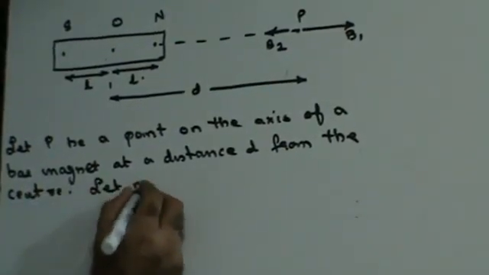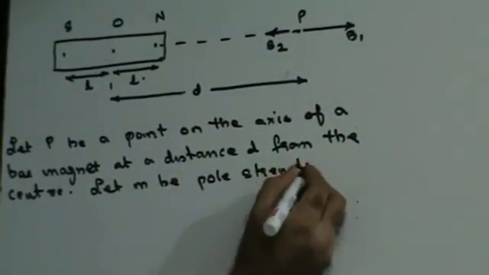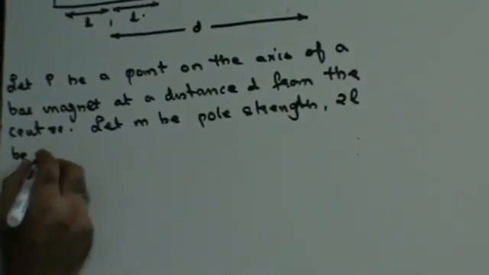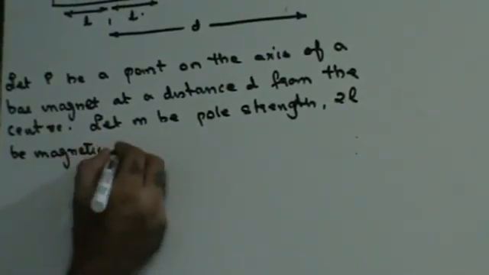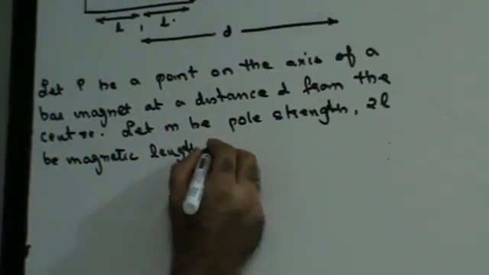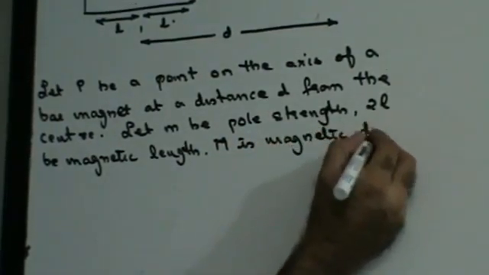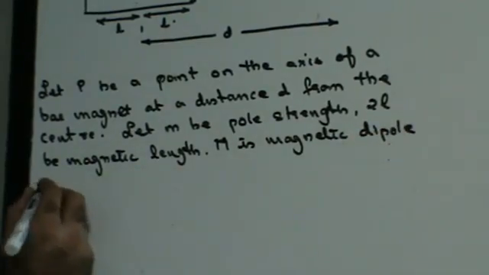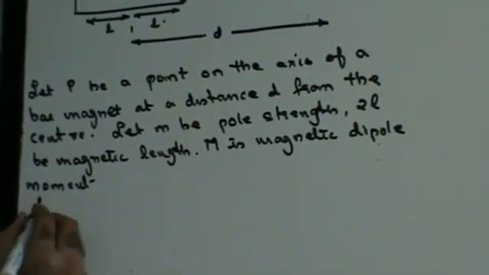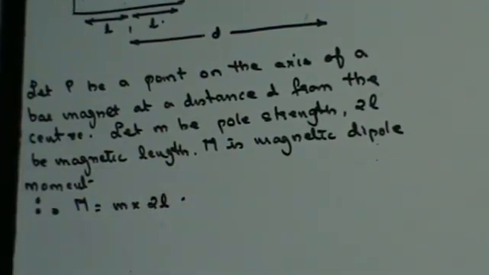Let m be the pole strength, 2L the magnetic length, and M the magnetic dipole moment. Therefore, the magnetic dipole moment is pole strength into magnetic length: M is equal to m into 2L.